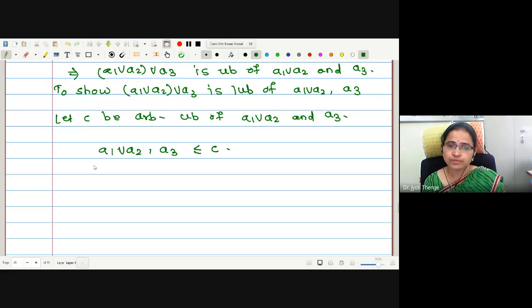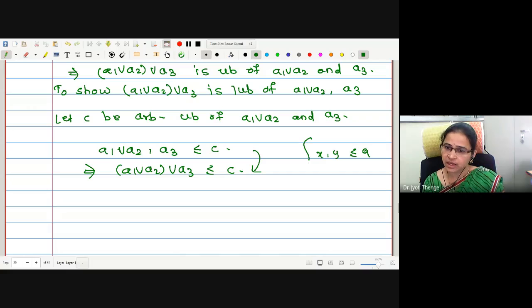Correct na? If both will precede by C, what about the join operation among the two? C is an arbitrary upper bound. Correct. Therefore, A1 join A2 join A3 will also precede by C. You have to understand this: X and Y precede by A, say, then X join Y will also precede by A, because A is the arbitrary upper bound.